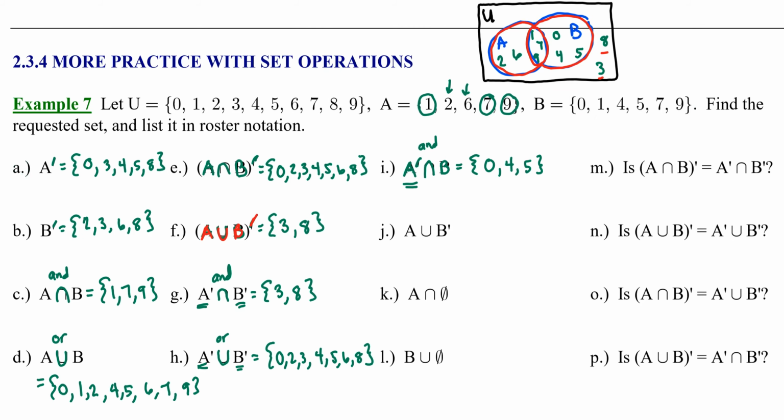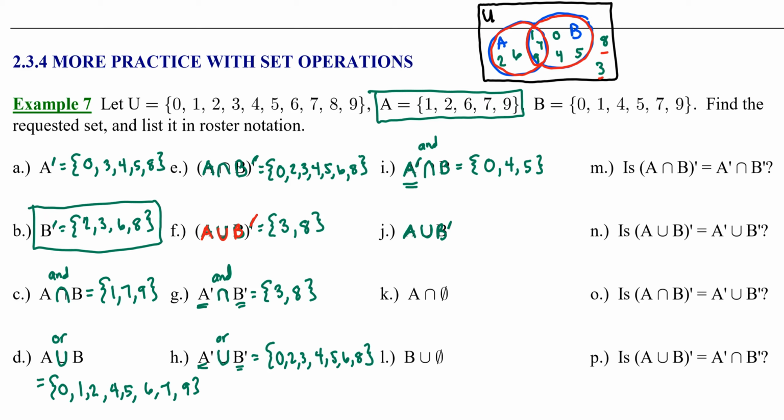Next, let's work on A union B complement. Set A, I need to look at it up here. So I'm going to consider set A, and I'm going to compare it to set B complement. We are looking for the union of those two sets. So I'm simply going to join those two classes together and list everybody in the new class.